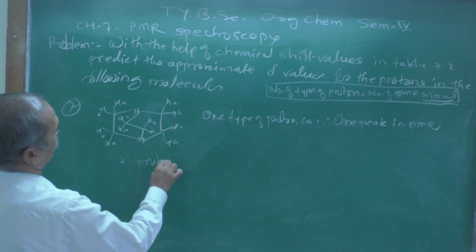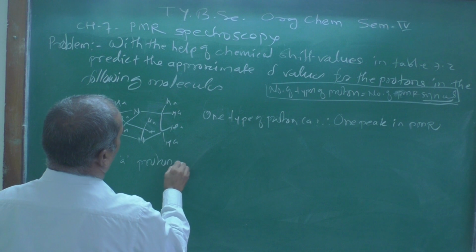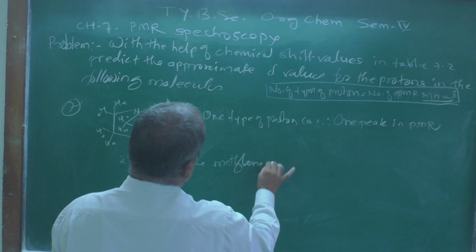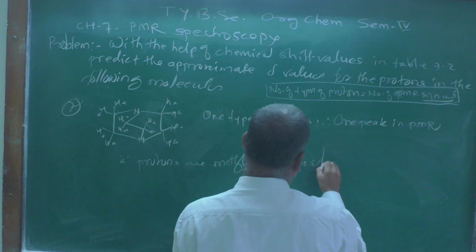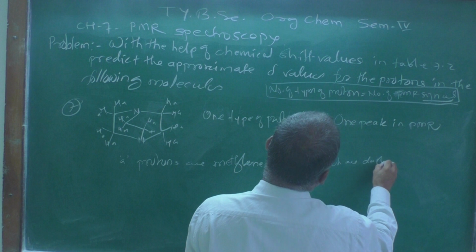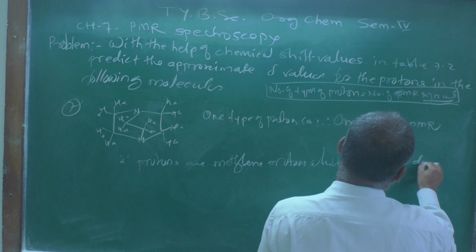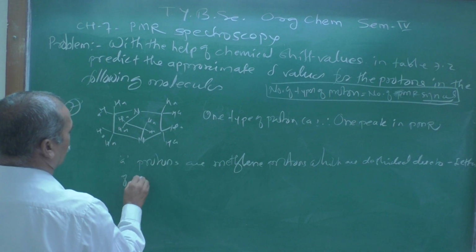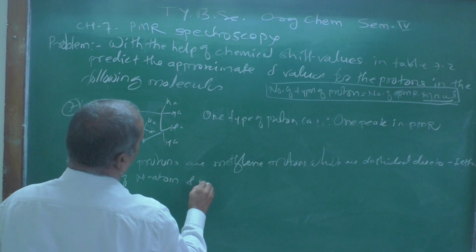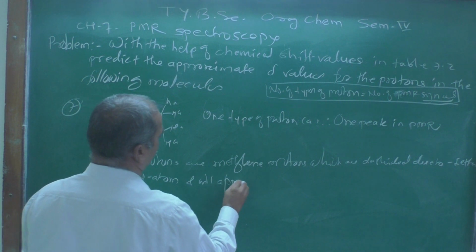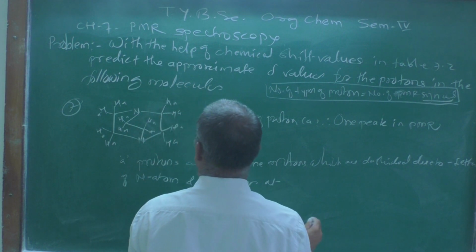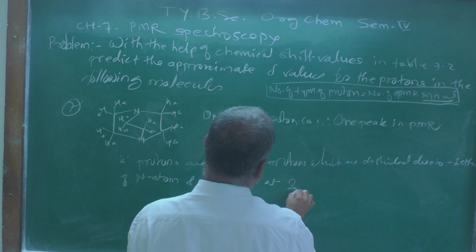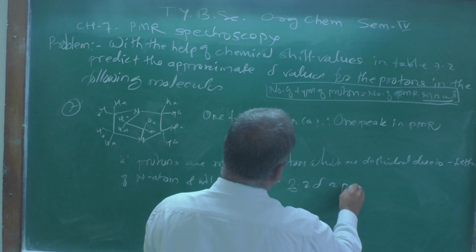A protons are methylene protons which are deshielded due to minus I effect of nitrogen atom, and will appear maybe at 3.2 delta or ppm.